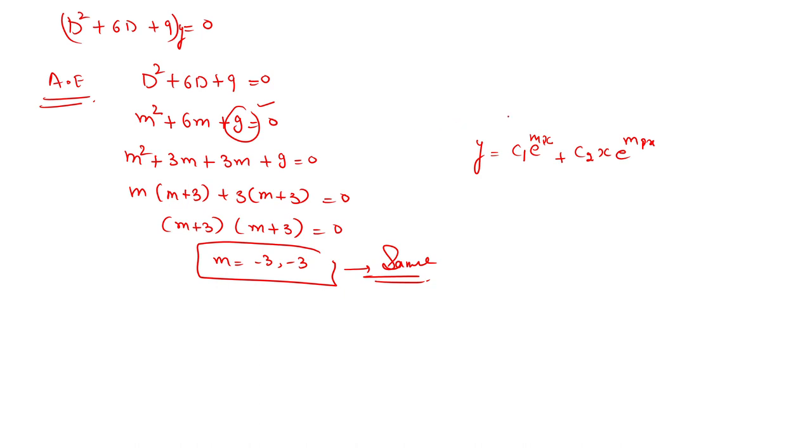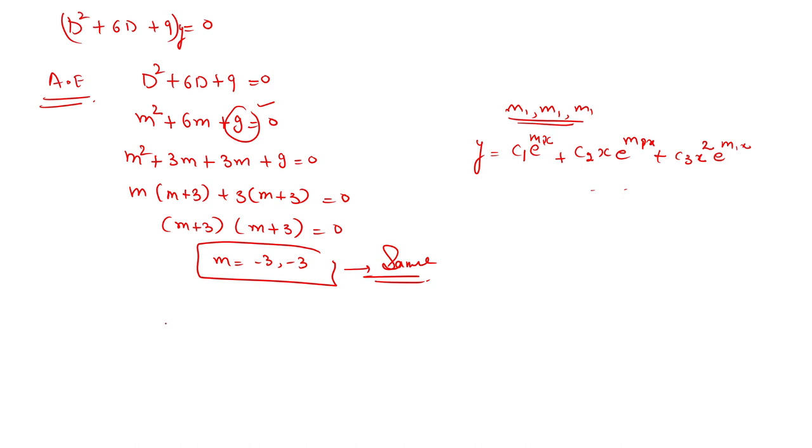Suppose these are three roots m1, m1, m1. So again it is (c1 + c2x + c3x²)e^(m1x). Similarly, the number of times the roots are repeated, the same power of x is multiplied there.